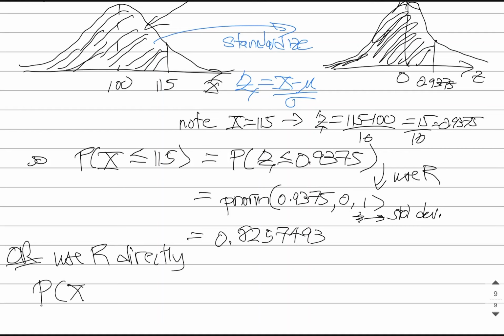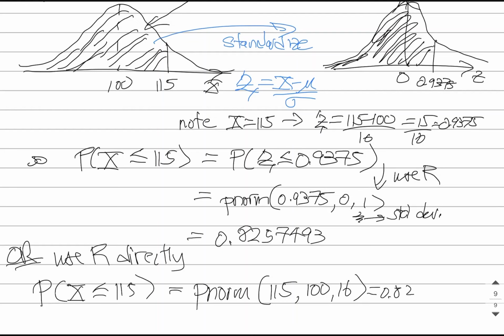If we want to calculate the probability that x is less than 115, if a number is our goal, there's no need to do the standardization process. You can just use R directly to get the same number. But the standardization process isn't so much a calculational tool, but a conceptual tool. And later on in the semester, we're going to use this standardization idea to come up with other distributions that will help us.